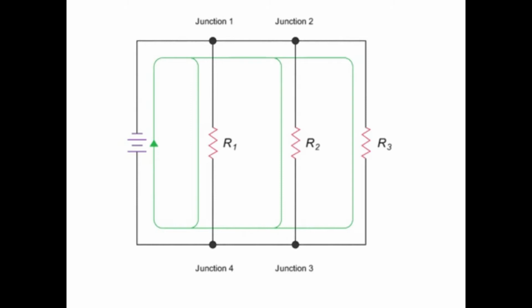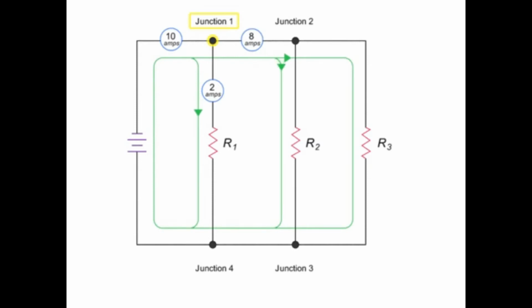For example, look at these ammeter readings at the various branches and junctions of a parallel circuit with a source current of 10 amps. As the 10 amp current travels away from the source, it splits at junction 1 into two branches that have currents of 2 amps and 8 amps.